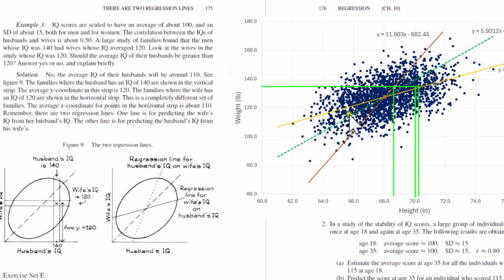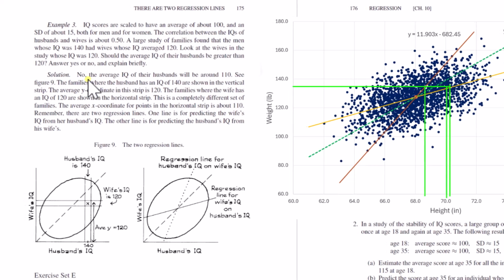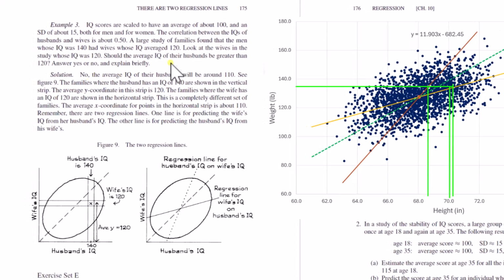But now looking at our incoming wife's IQ of 120, we know the husband's IQ is going to be less than 140 for sure. But is it less than 120? We need to look at the chart. Is it going to be greater than 120? The answer is no. The average IQ of their husbands will be around 110.